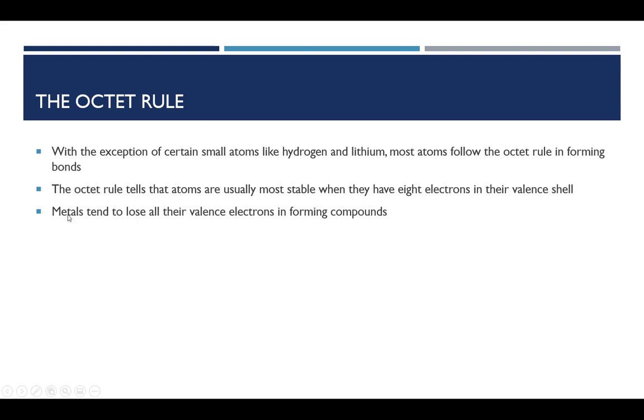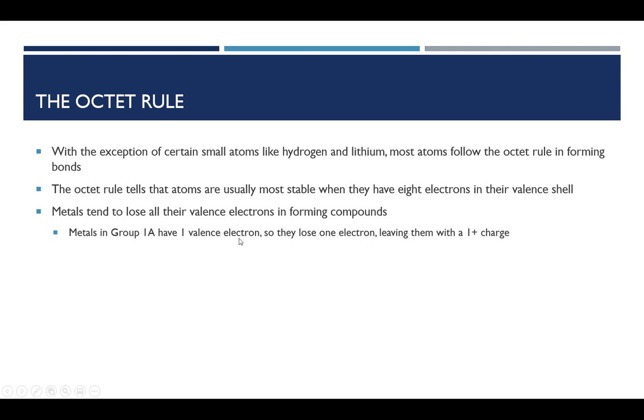Now metals will usually lose all their valence electrons when they form compounds. And for now we're only going to deal with metals that form ionic compounds. So what that means is metals in group 1A, remember they have 1 valence electron, so they're going to lose that 1 electron. Now, they haven't lost any protons.